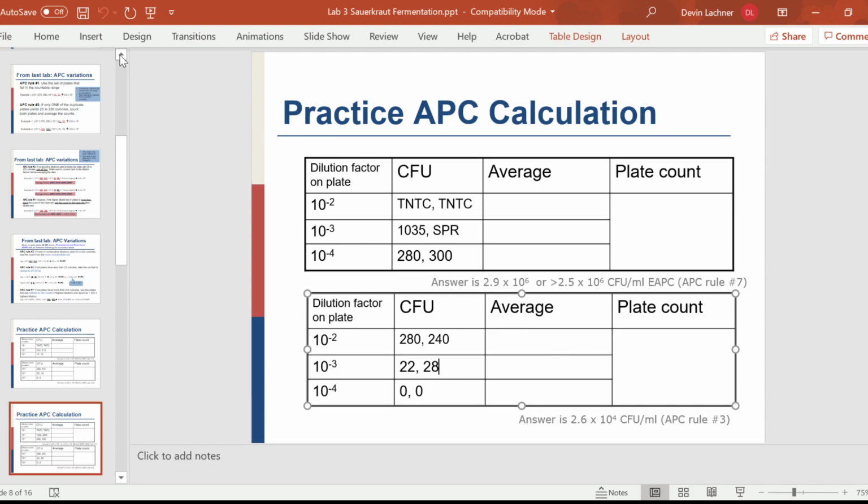So we can figure out how to do this for this last problem. So we have 280, right? And this is times 10 to the negative 2.